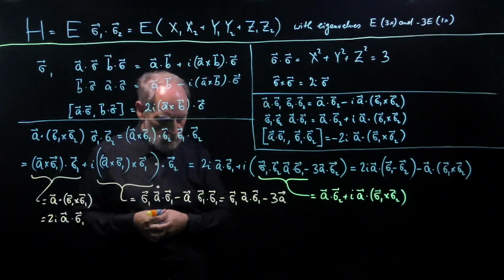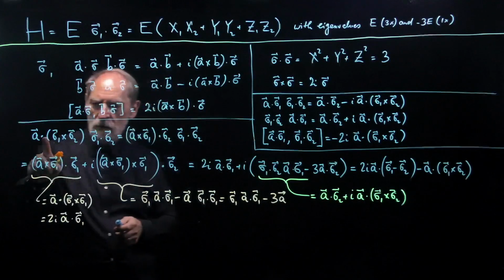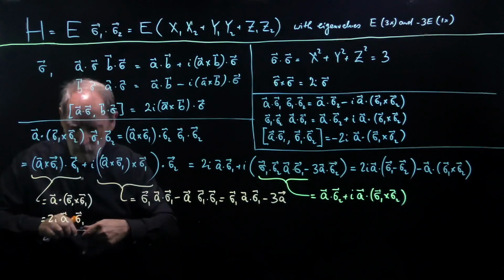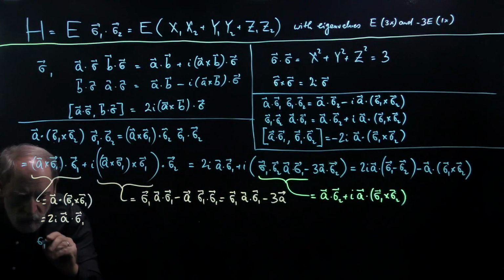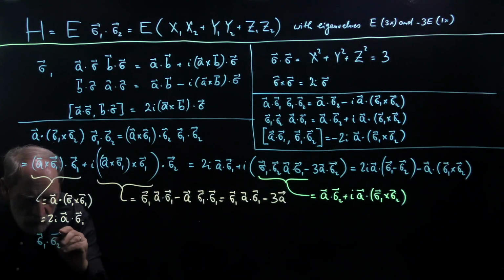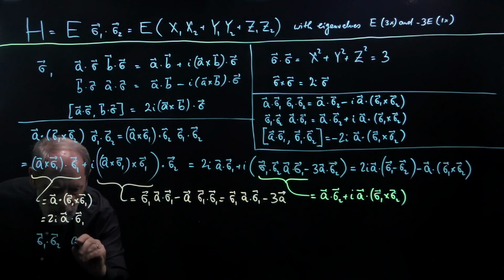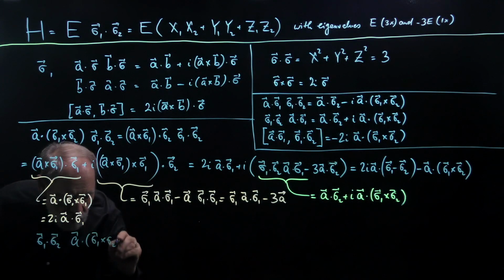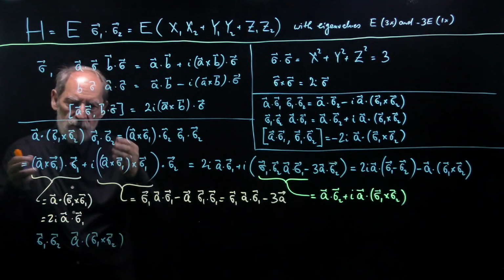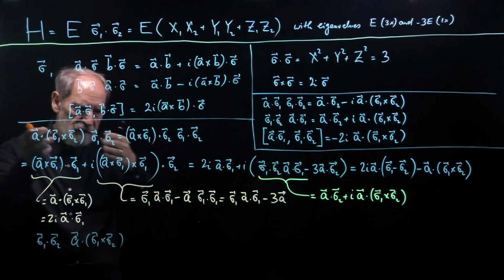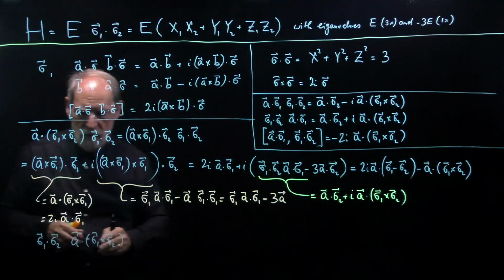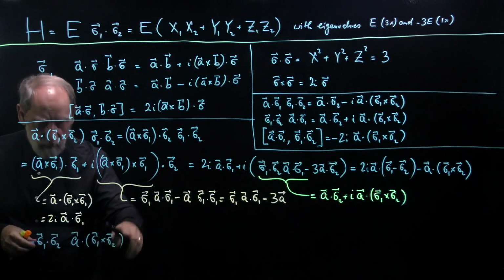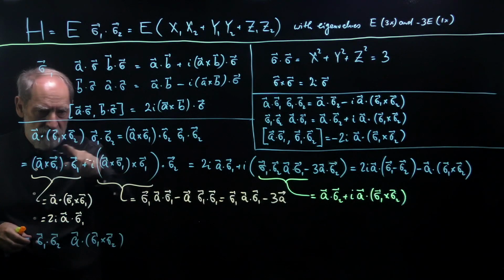What about the product with the operators in the reverse order? What about sigma 1 dot sigma 2 and then A dot sigma 1 cross sigma 2? So of course we could go through the same kind of reasoning again, but we could also recognize that this operator is just the adjoint of this operator.